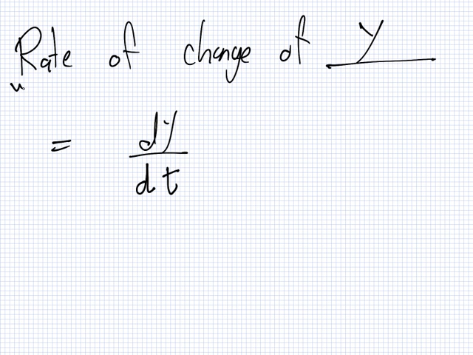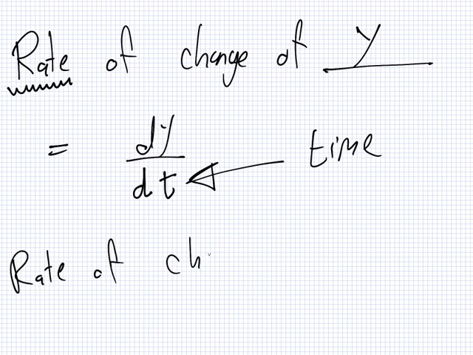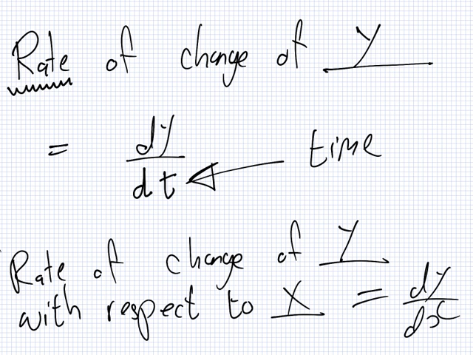So the use of the word rate means time. Now, if you don't want that, you would say it like this: rate of change of blank y with respect to blank x. That is dy/dx. So, here are two pieces of information you need.